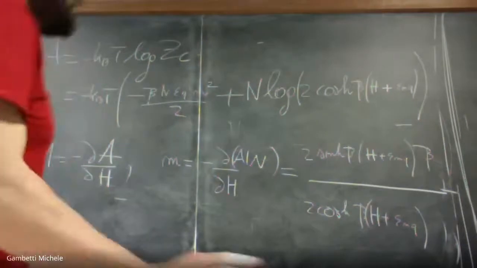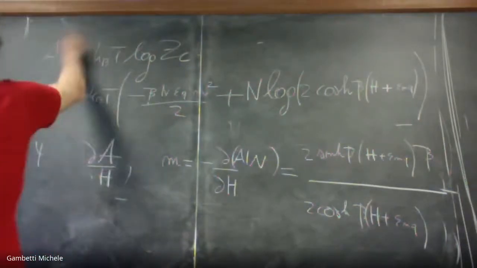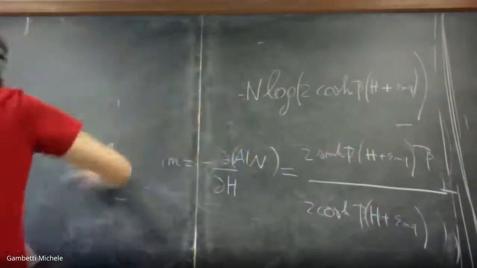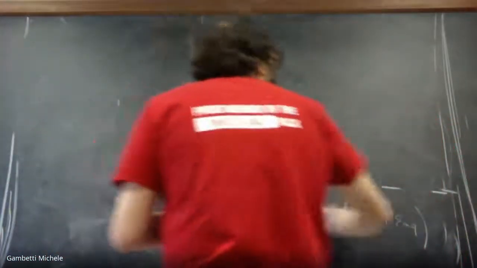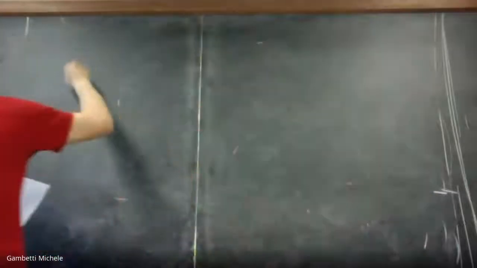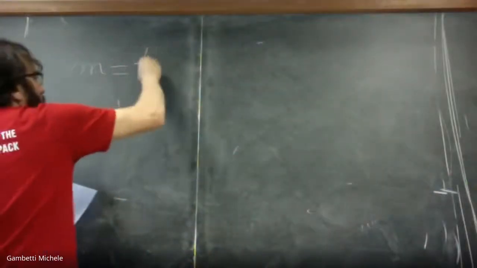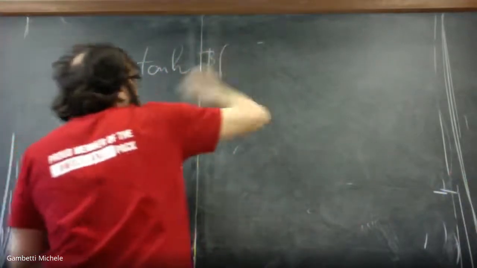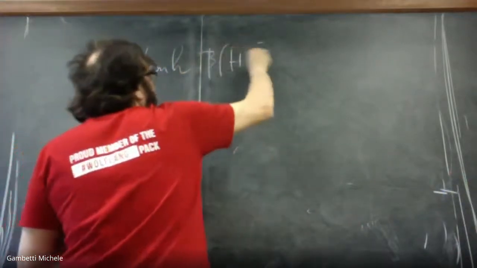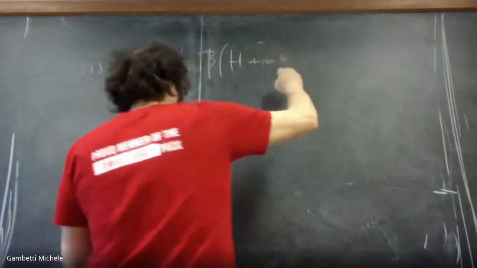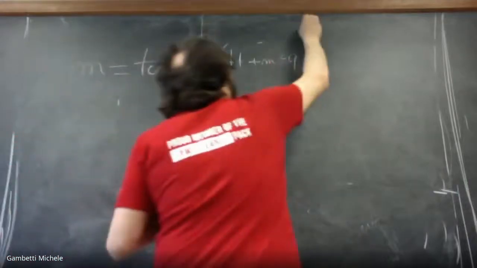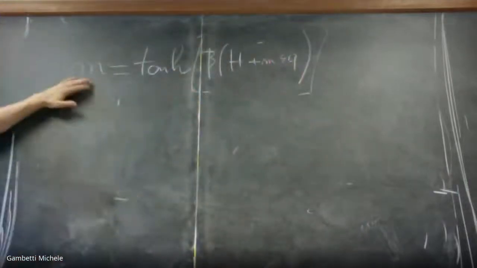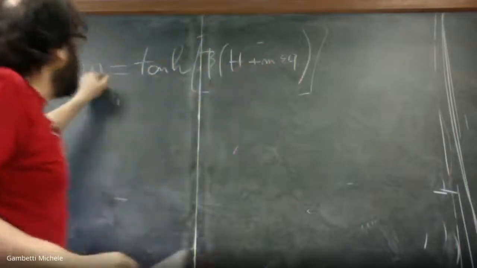I will continue next time from this. I will repeat these calculations. But the magnetization, if you want to look at it, is basically provided by this formula. M is the hyperbolic tangent of beta times h plus m epsilon q, which is a nice formula in the sense that you see here that m appears here and here.